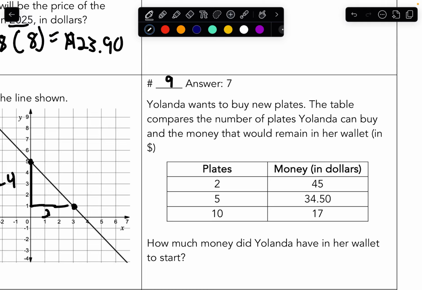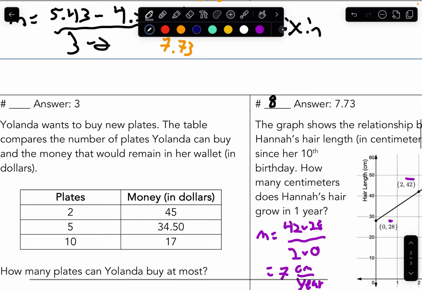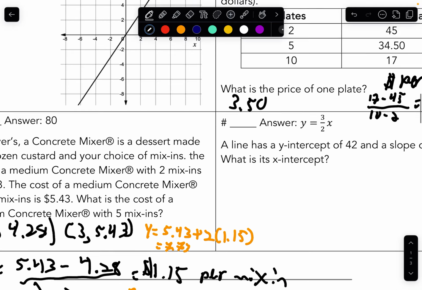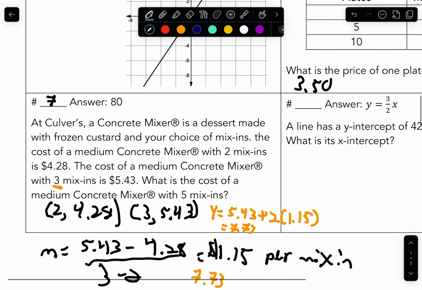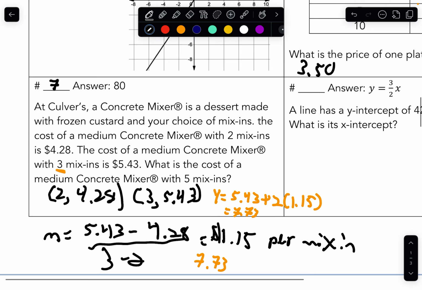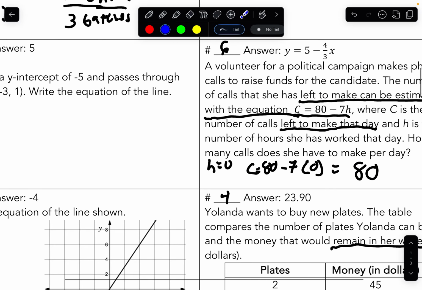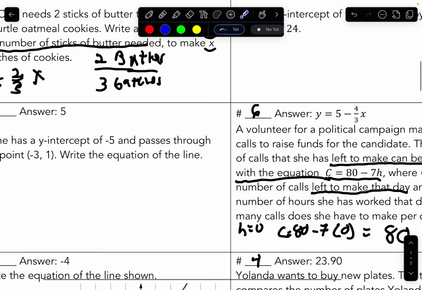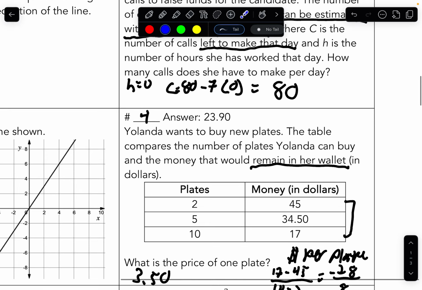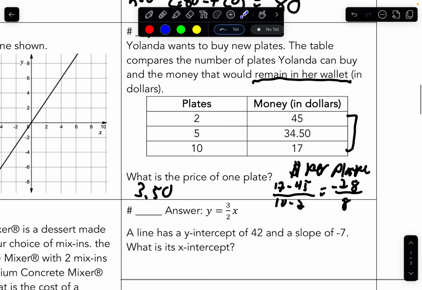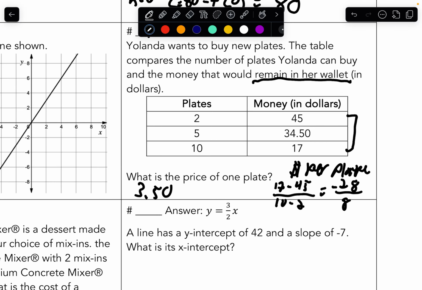Well, we already figured out that each plate costs $1 something, $1.15 according to this problem, but oh wait, no, not $1.15. Sorry, $3 I think it was. Where is the other plate question? All right, right here. So it's $3.50 per plate.